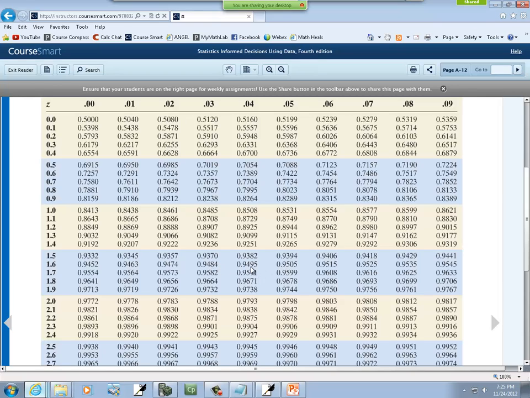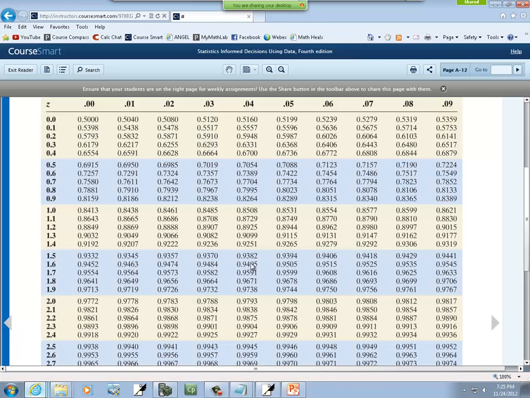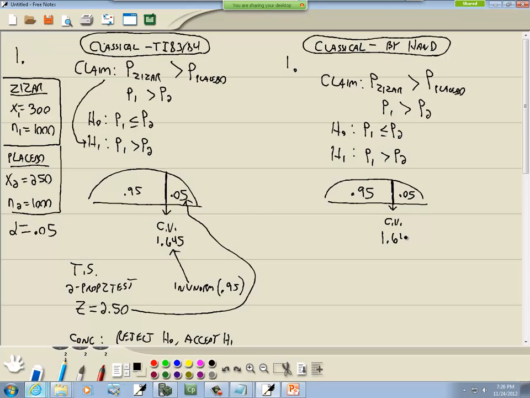Here's 0.9495, and here's 0.9505. It's halfway in between these. So I come over here, first part is 1.6. And it's halfway in between this value and this value. If I go up from here, this is 0.04 and this is 0.05. So this will be 4 or 5. And that's our critical value.